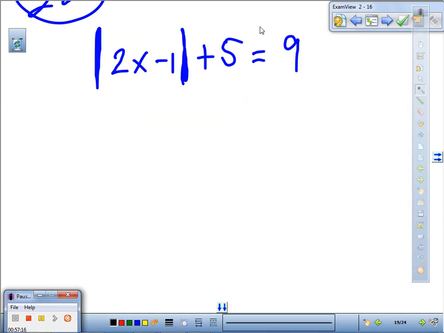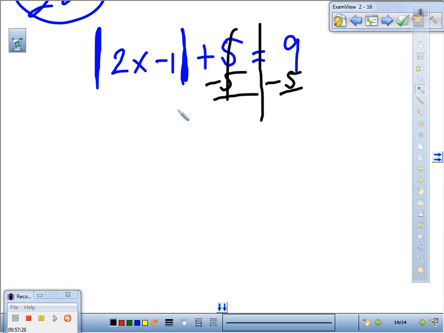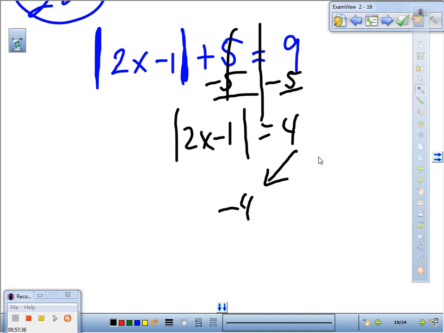Should have drawn a line down the equal sign, and then you saw that outside the absolute value it's positive 5, so we subtract 5 from each side. We get absolute value 2x minus 1 equals 4. Is there anything outside the absolute value anymore? No. We write 2 equations, one negative 4 and one positive 4. What's inside? 2x minus 1 equal to that, and 2x minus 1 equal to that.